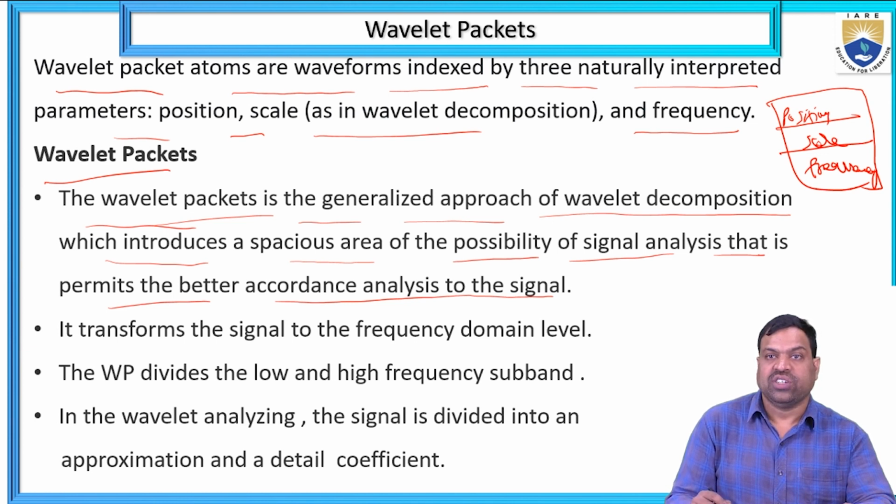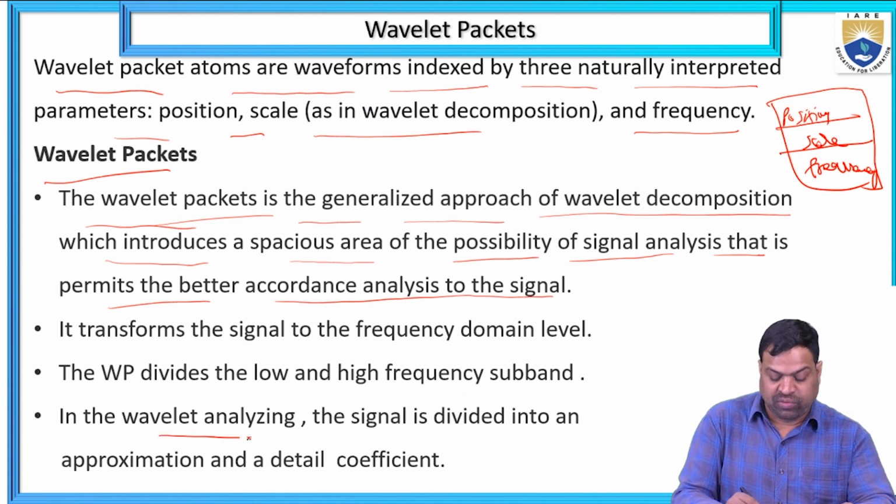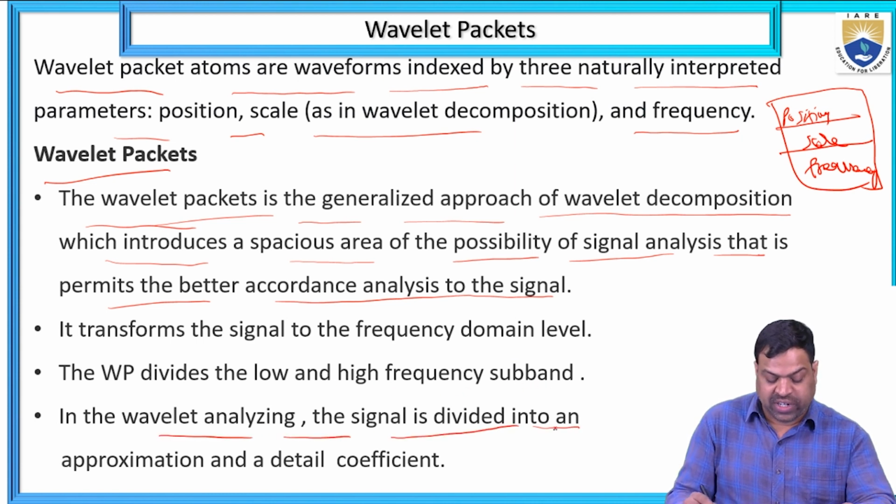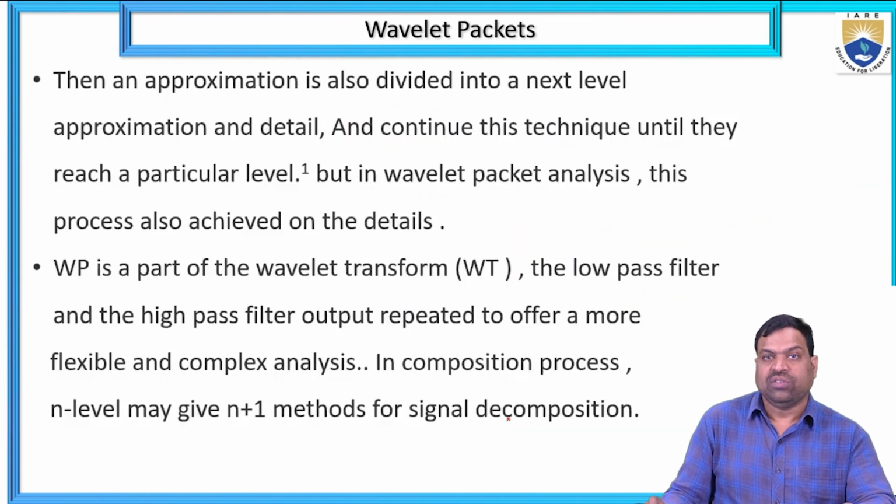It introduces a spacious area of possibility of signal analysis that permits better accordance of analysis to the signal, and it transforms the signal to the frequency domain level. The wavelet transform divides the low and high frequency subbands. In wavelet analysis, the signal is divided into approximation and detailed coefficients.